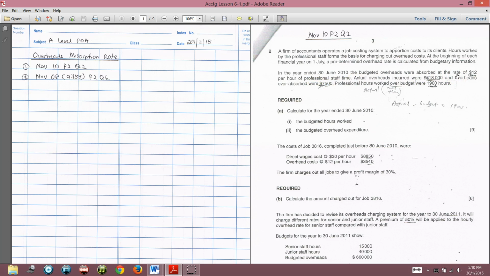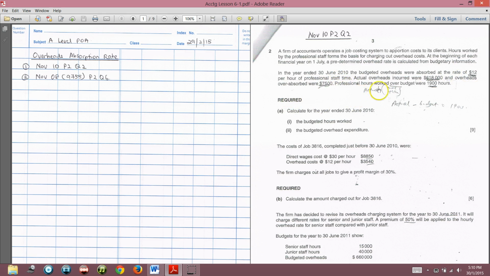So what do you understand with this sentence? This one simply says that the overhead absorption rate is $12 per hour of professional staff time. Not machine hours. They are using professional staff hours. Okay, or $12 per professional hour.